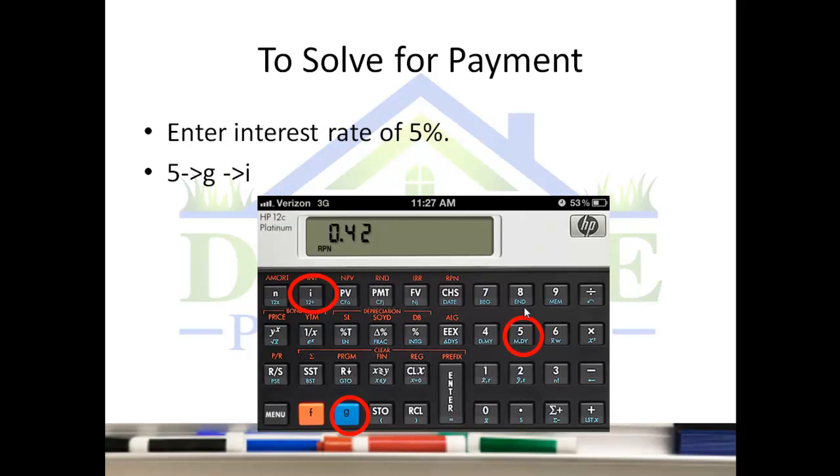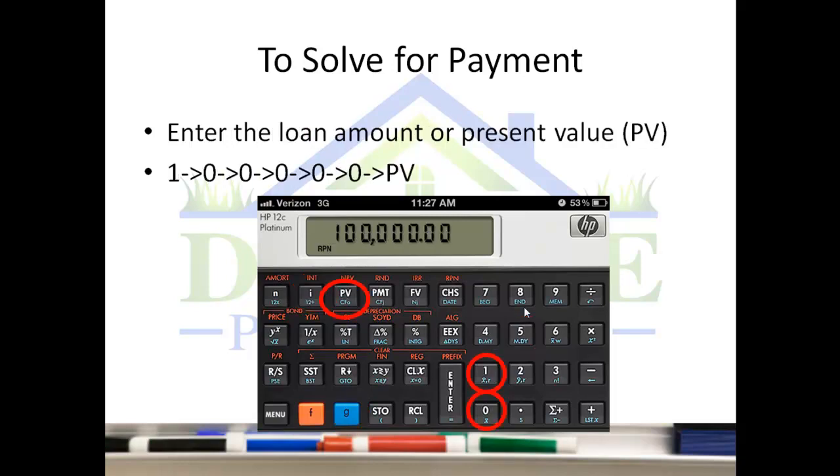It's the same thing for interest, so we press 5G, then I. Again, the little blue writing on the I says 12 divide. So it's dividing 5 by 12 and storing the 0.42 answer in the I, or interest key. To enter the present value of the loan, you enter 100,000 and press PV.